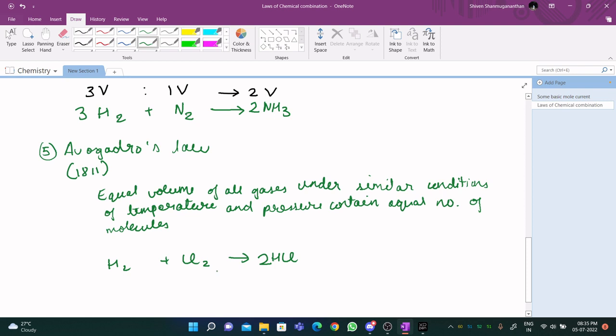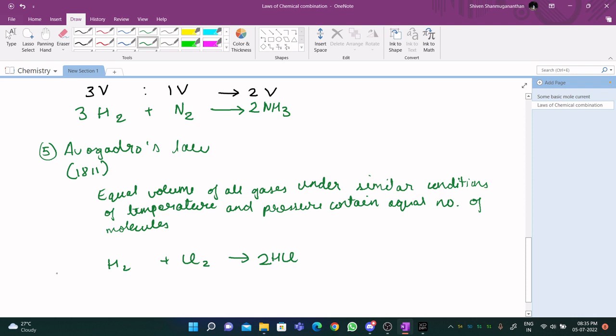What this says is that 1 molecule of H2, hydrogen gas, will combine with 1 molecule of chlorine to give us 2 molecules of hydrogen chloride, HCl, provided the temperature remains constant and the pressure remains constant as well.